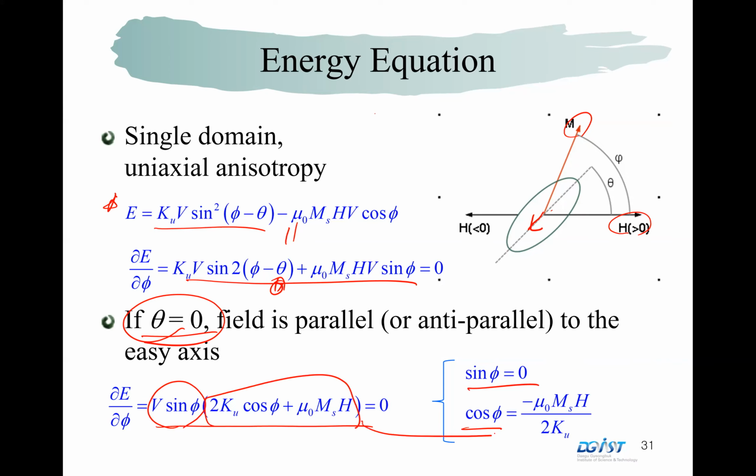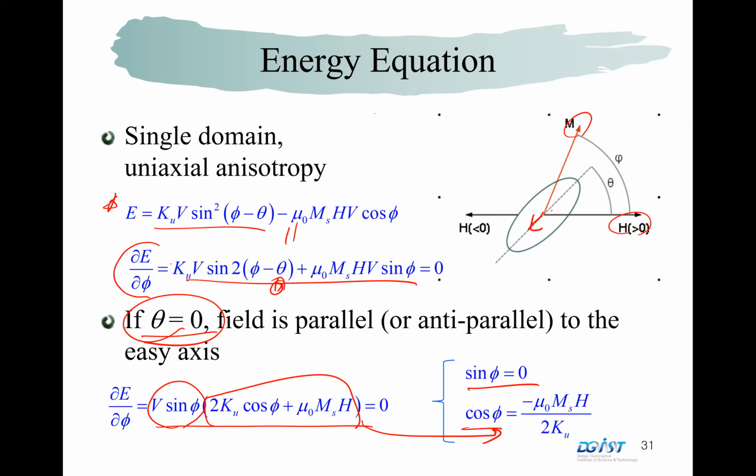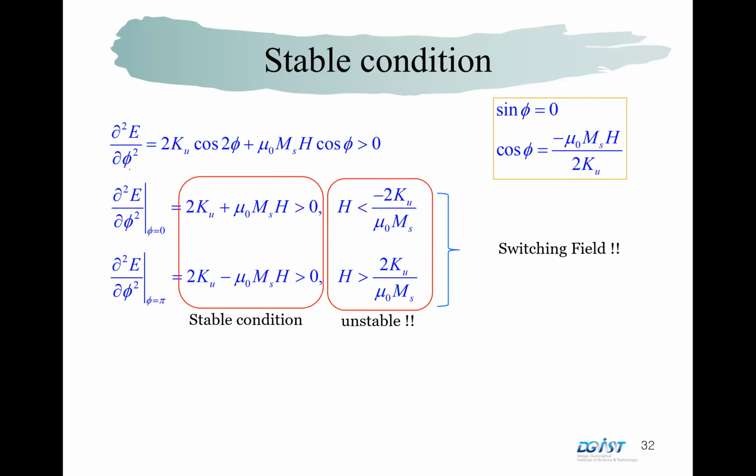We solve this one and get this result. And when we solve this kind of energy minimization, we need not only the first derivative but also the second derivative. We need to check the sign of the second derivative. So let's take the second derivative.